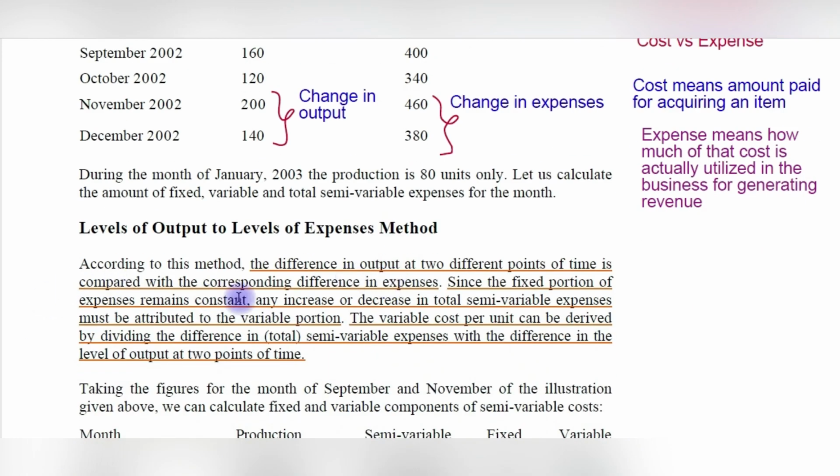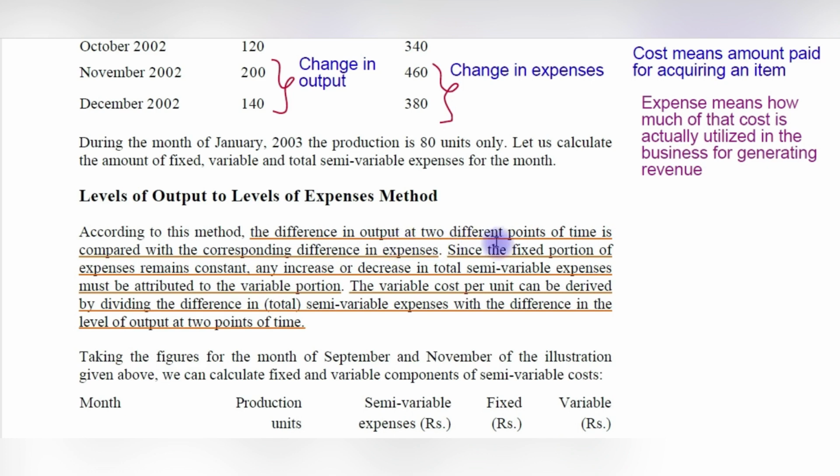The difference in output at two different points of time is compared with the corresponding difference in expenses. Since the fixed portion of the expenses remains constant, any increase or decrease in total expenses must be attributed to the variable portion only. Whether there is an increase or decrease, it must be only because of the variable expenses.